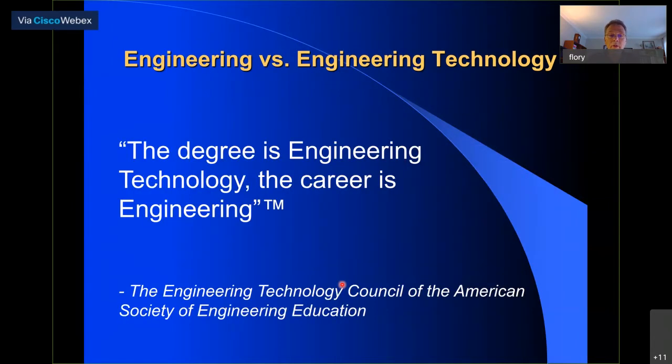And I purloined this from the Engineering Technology Council of the ASEE here in the U.S. And I think this sums it up very well. The degree is engineering technology, the career is engineering. Okay, so it is part of the same pie, if you will.